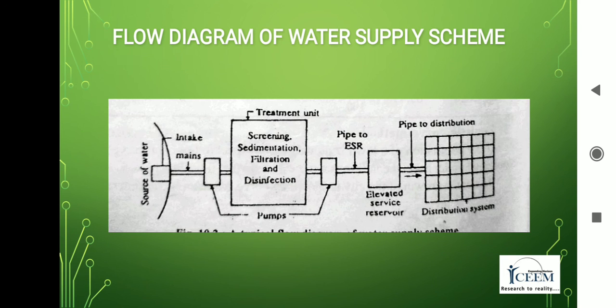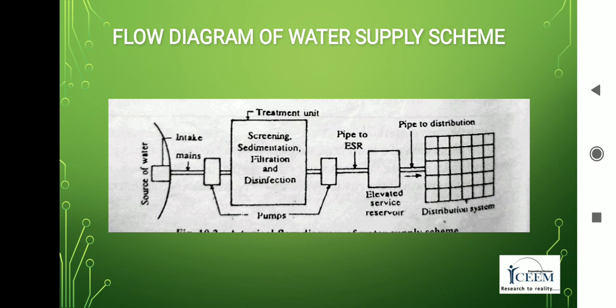The next process is filtration. The particles remaining after sedimentation are removed by filters. Filters consist of graded sand and water is made to pass through these filters. Thus, the fine particles which do not settle in the sedimentation process are removed in filtration.